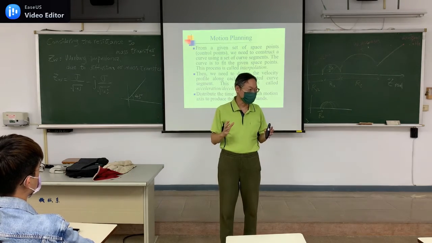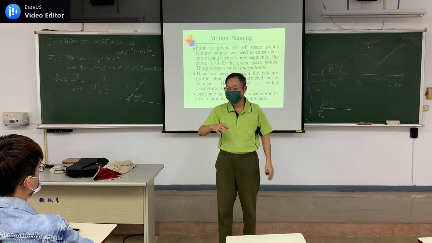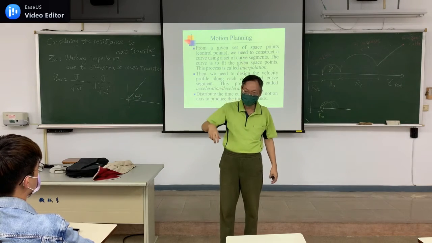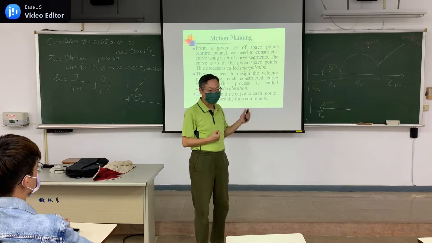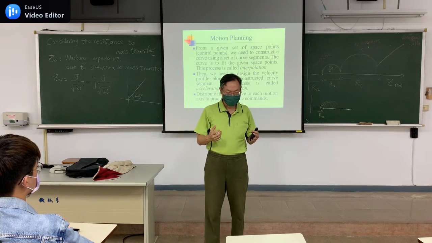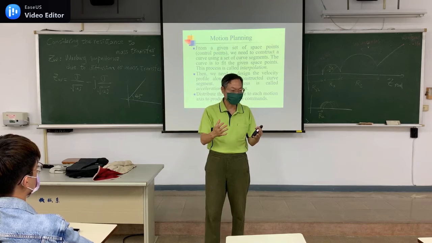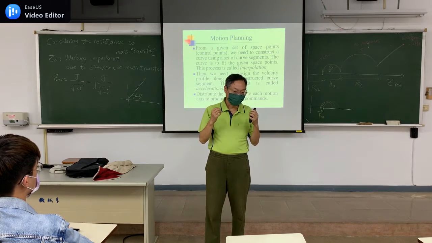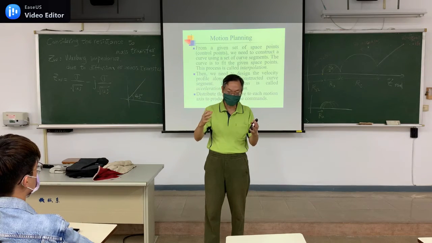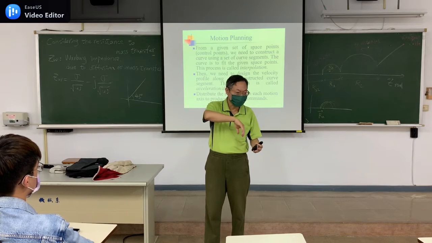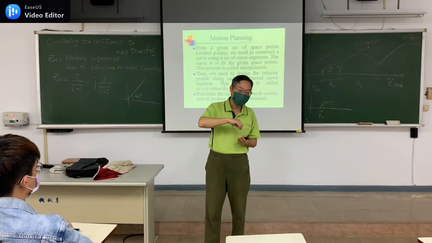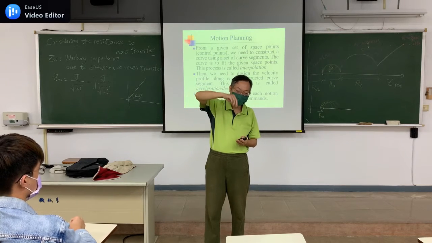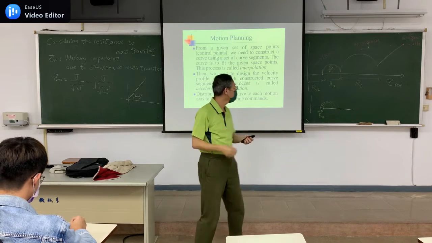So we need to generate the command for the machine so that the machine can follow the circular path. So the so-called motion planning is that we are given a task. We want to ask the machine to complete such task. Such task involves the description of the motion that we require the machine to follow.